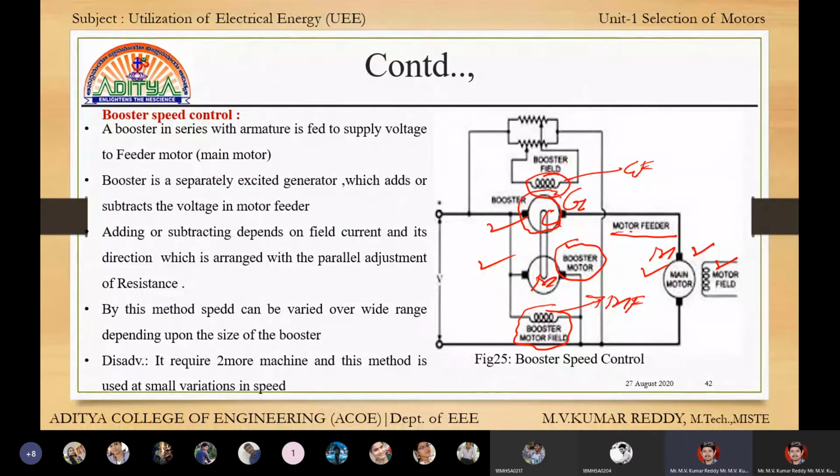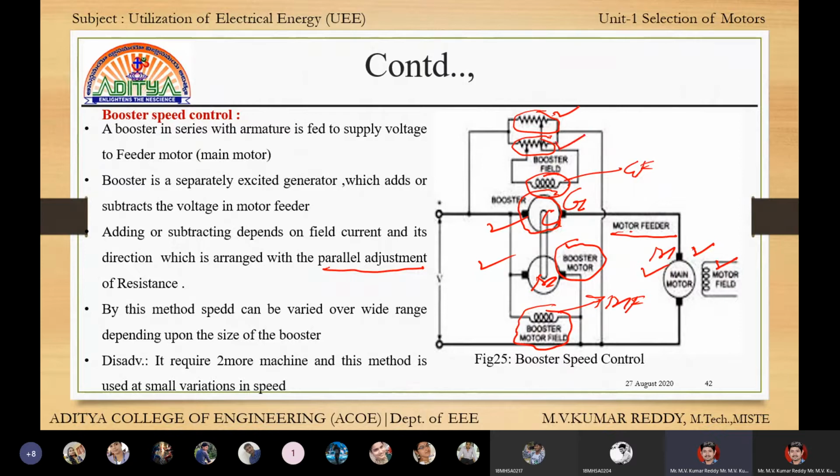Here the generator speed is controlled with the help of parallel adjustable rheostats. That means we can vary the speed using two rheostats.